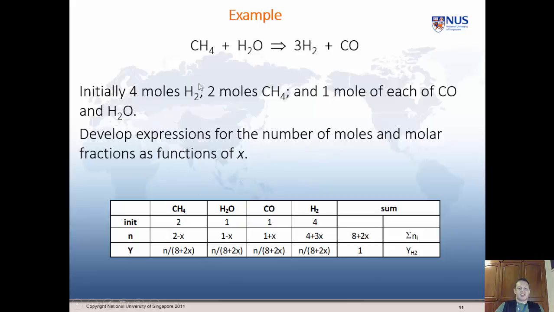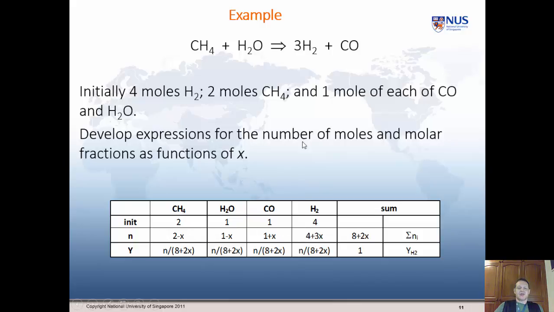Okay, well, we've got the initial numbers already, so the initial row is nice and easy. Okay, the number of moles then of methane at some extent of reaction x is going to be the initial number of moles minus x, that extent of reaction, and likewise for each of the other components.